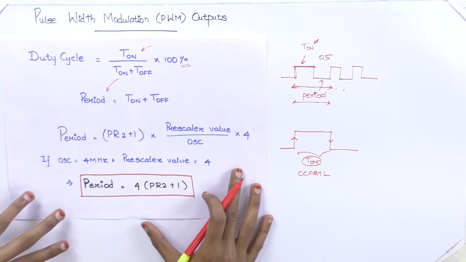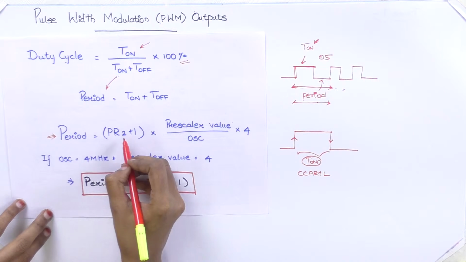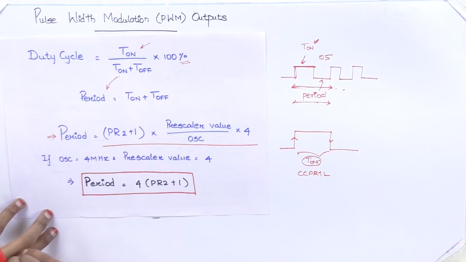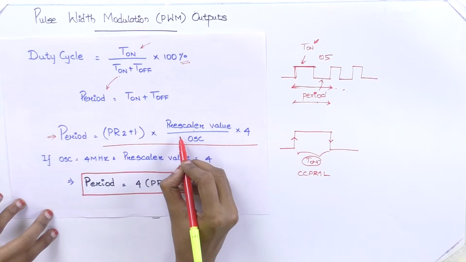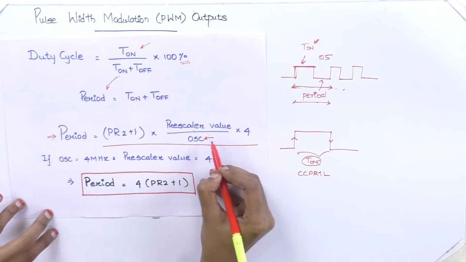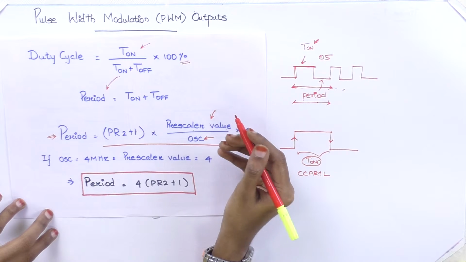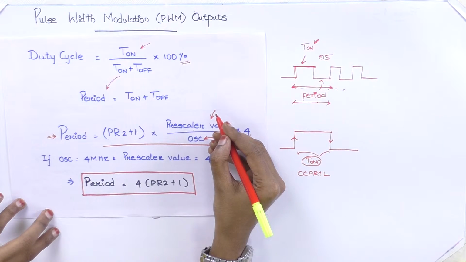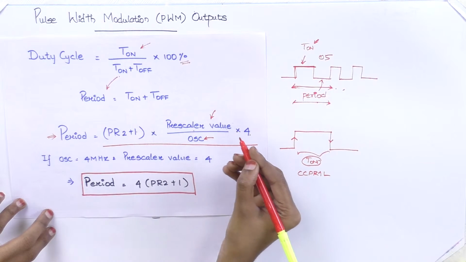From our circuit, we have already seen the period is given by the PR2 register. So that can be derived using this formula: (PR2 plus 1) times prescaler value, divided by the oscillator value, times 4. The prescaler value is defined by us using the Timer 2 control register; it can be 1, 4 or 16, depending on the programmer.